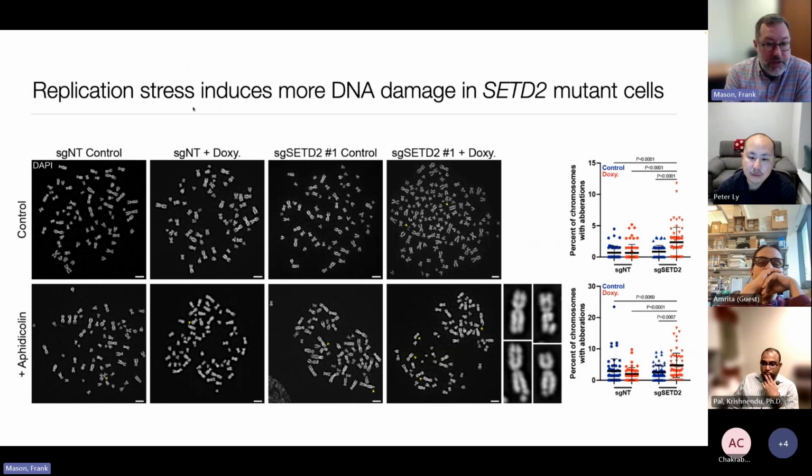We've treated these cells either with control or with low-dose aphidicolin, which is a DNA polymerase inhibitor. At low doses it can induce DNA replication stress and promote chromosome breaks, which you can see at the bottom right.